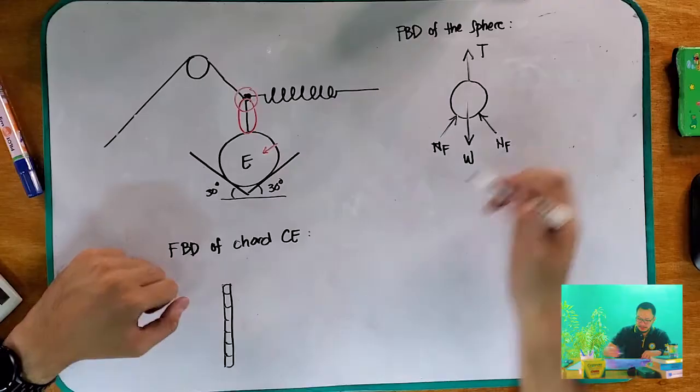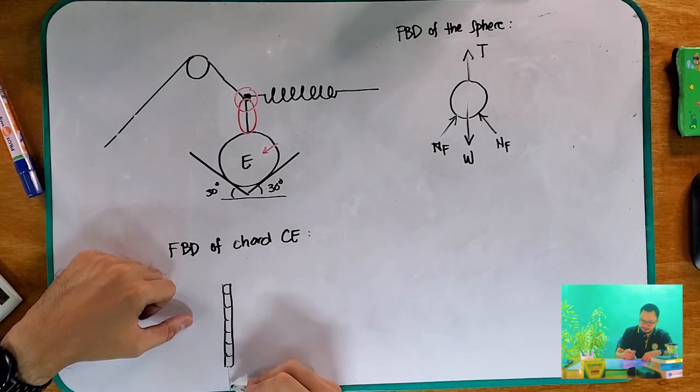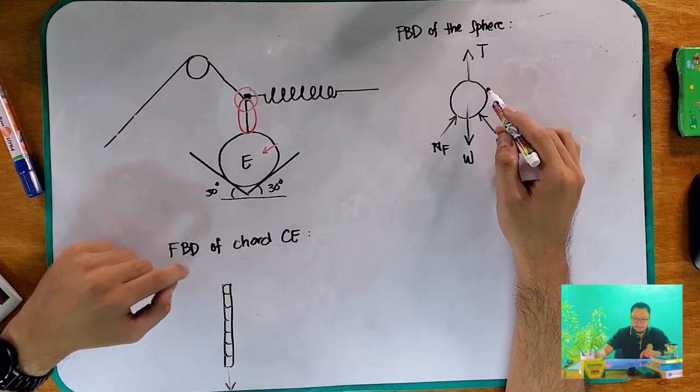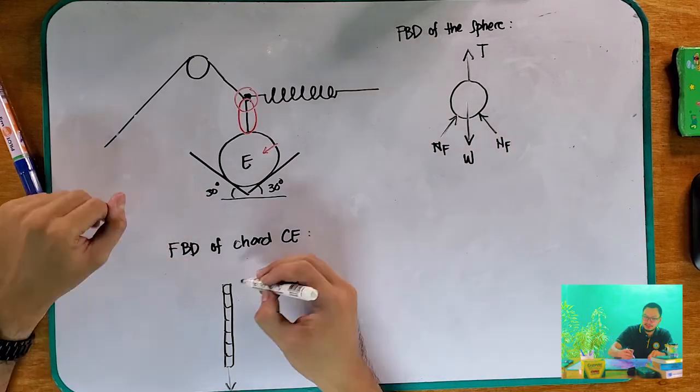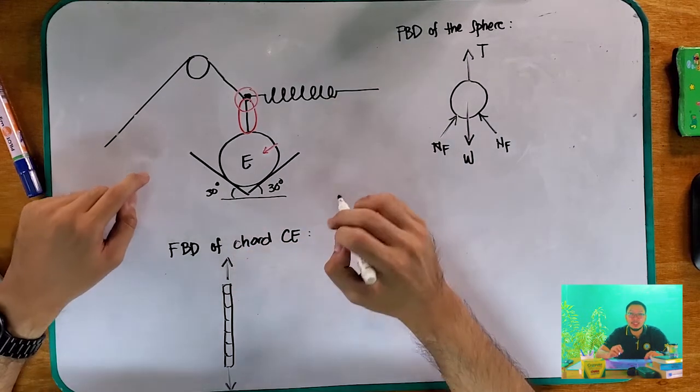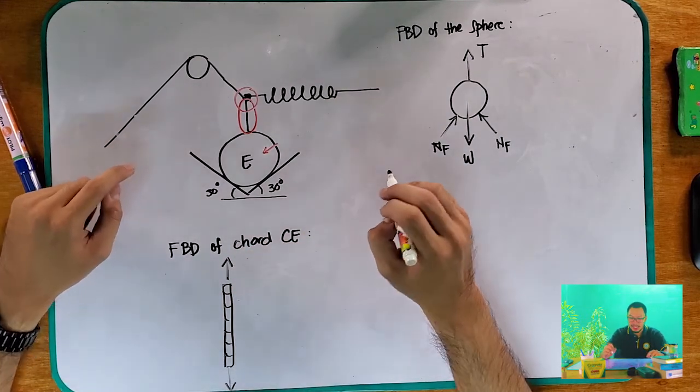So, we have a pulling force due to your sphere, and also a pulling force here toward our knot at C. Okay?